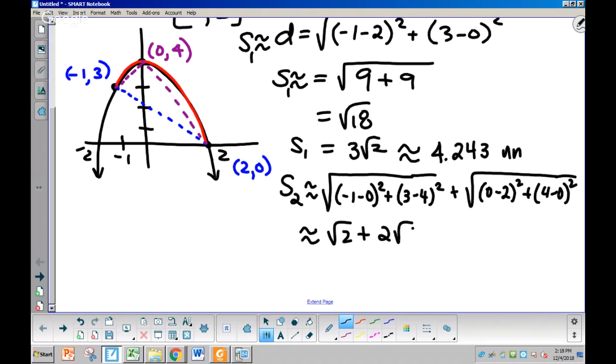Now somebody's going to tell me what that is. 5.886. That's approximately 5.886 units.